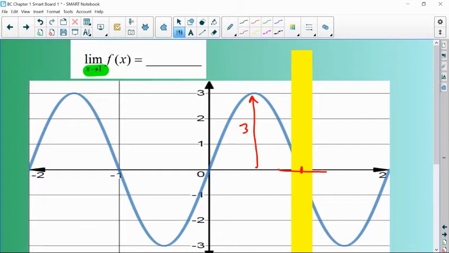The sine graph is very predictable. So I don't know what's hiding behind this yellow bar. It's been blocked out. There's an interval that I can't see, but just based on what I can see, looking from both directions, it looks like the function's going towards 0. And so, you might say, well, maybe that's not close enough.